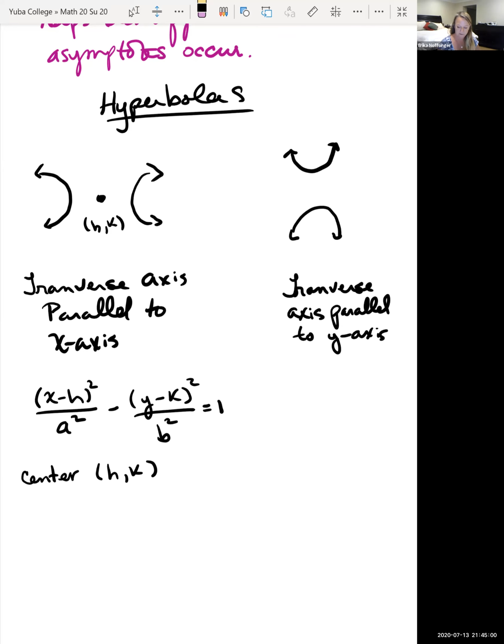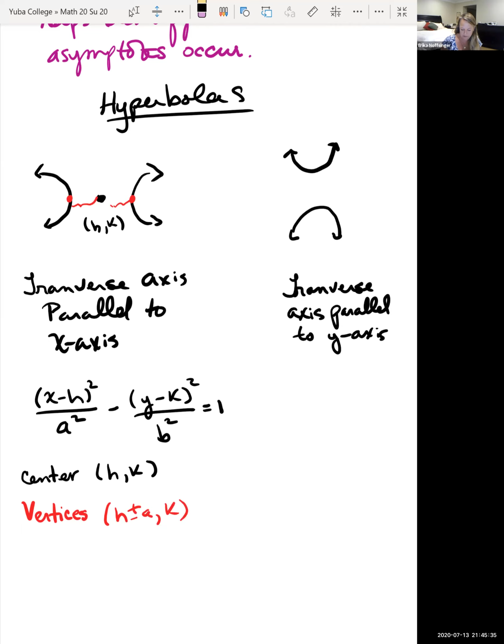And then our vertices, we're going to have 2 of them when they're facing this way. And this value is a. So I don't have these memorized, I just do it by looking at it and thinking about it. I'm going to add and subtract from my x value. So h plus or minus a, and my y value would stay the same.